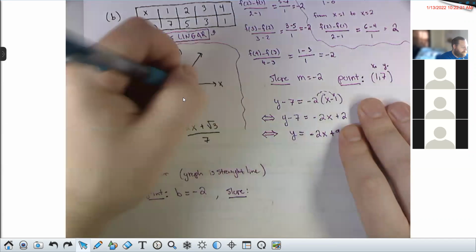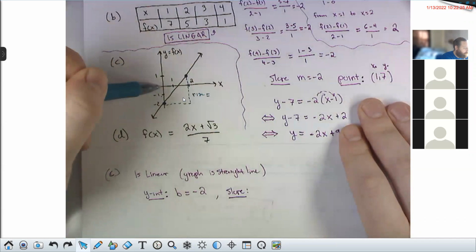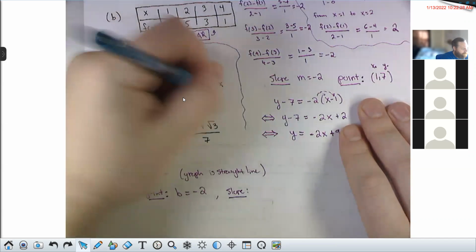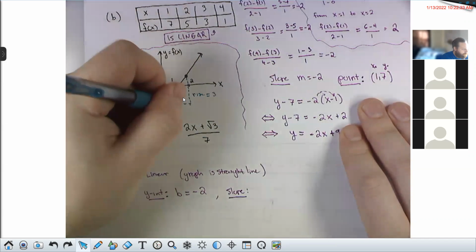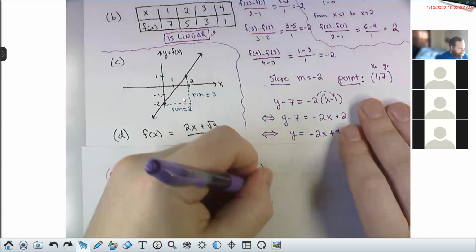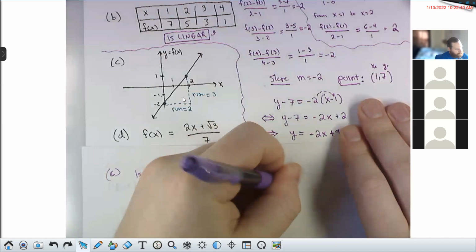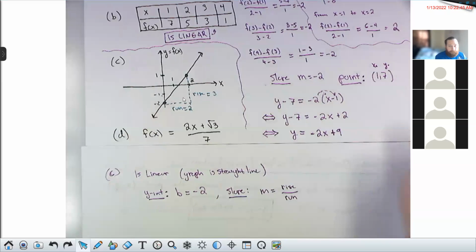My rise. How much did we go up? We got 1, 2, 3. How much did we go over? 1, 2. So the slope m is the rise over the run. It's the same thing as the average rate of change, guys. It's the exact same thing, right? f of b minus f of a divided by b minus a.